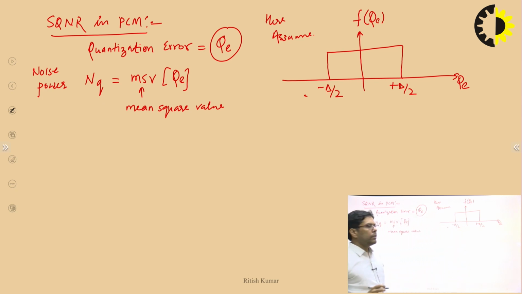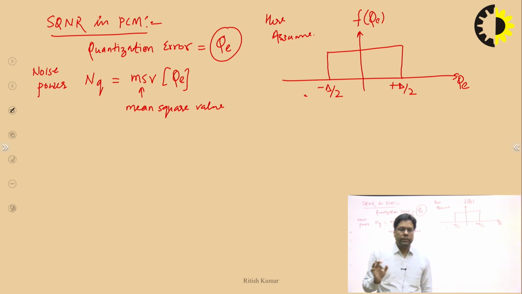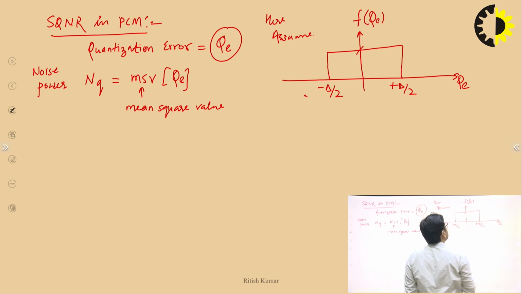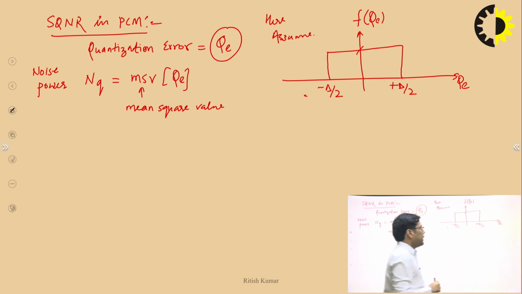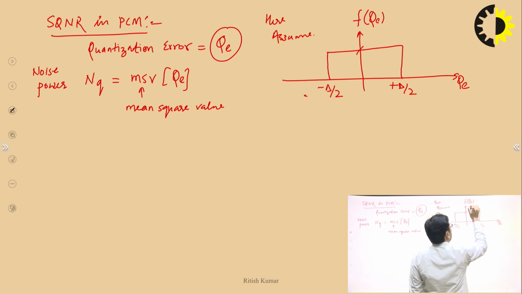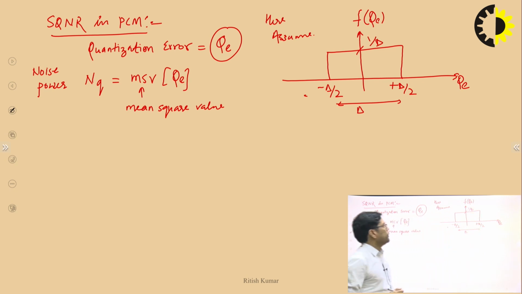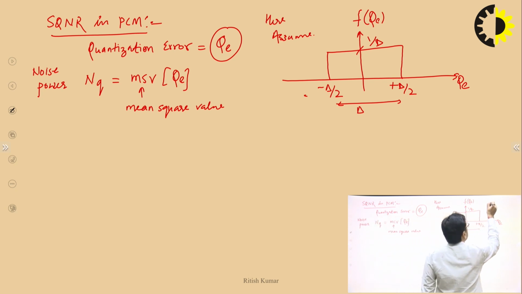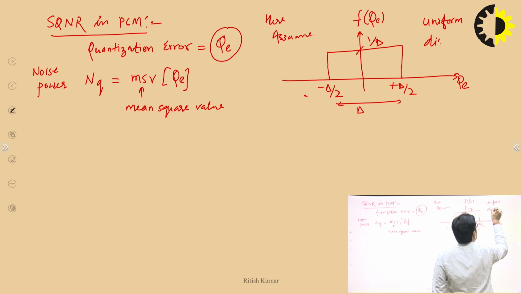As we know, a property of the PDF is that the area under the PDF is always equal to unity. So what should be the value of this to have unity area? This total span is equal to delta, so this value is equal to 1 by delta, right? So assume this is a uniform distribution.